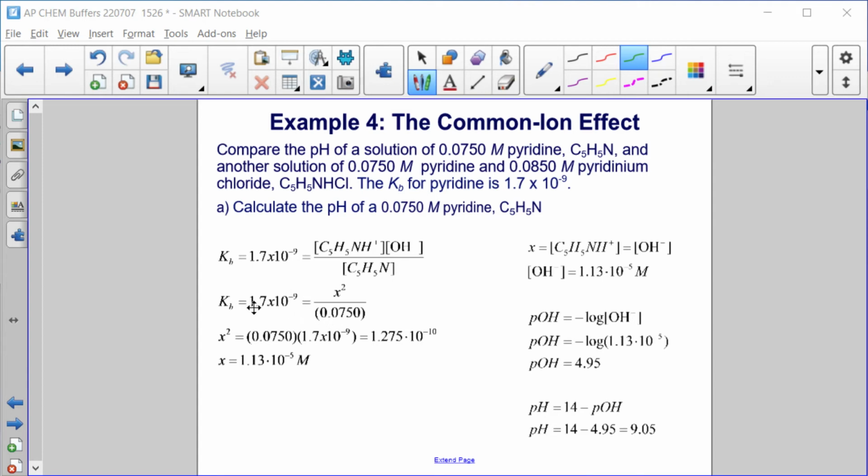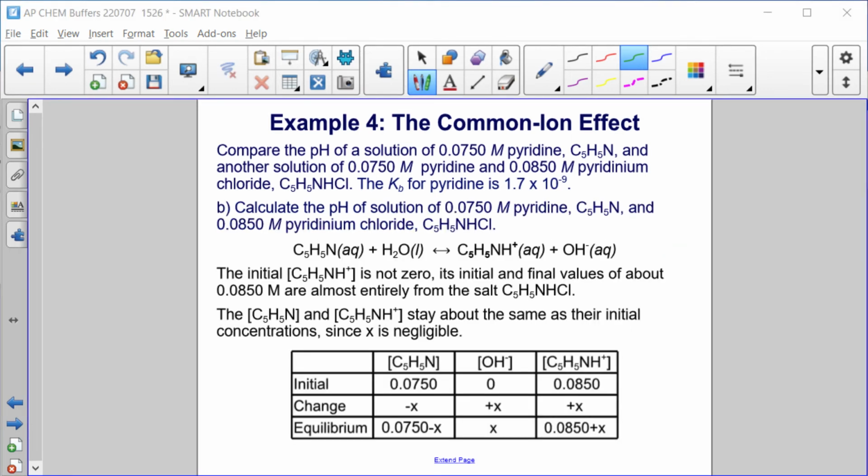Set it equal to our Kb, and rearrange to solve for X, we get 1.13 times 10 to the minus 5 molar. Now what's important is, what does this X represent? It represents our two products, the most important of which is the hydroxide ion, which we can use to find the pOH, and then the pH, 9.05.